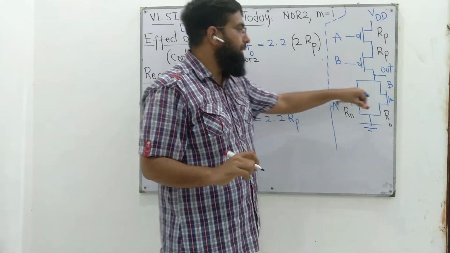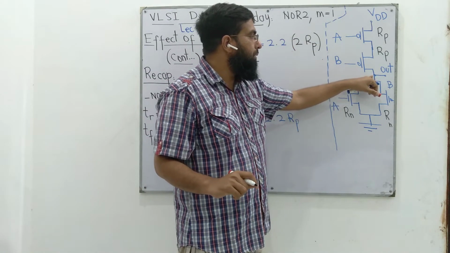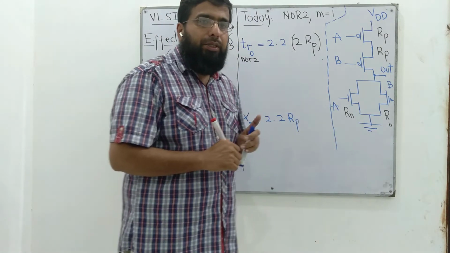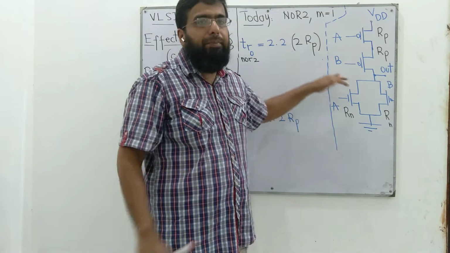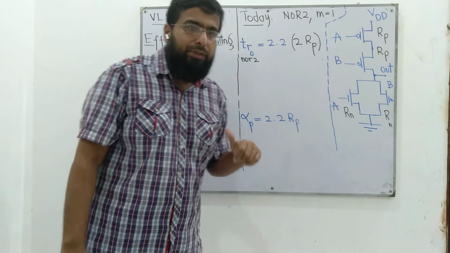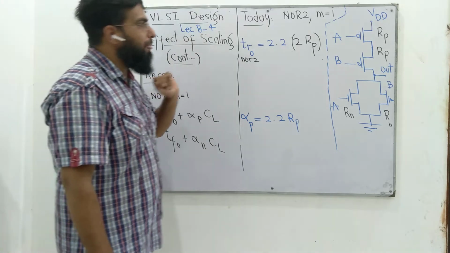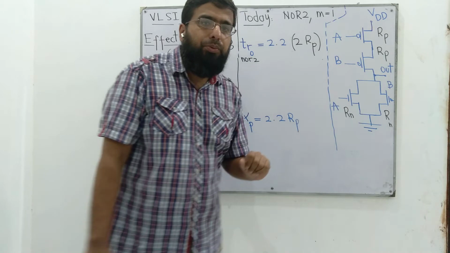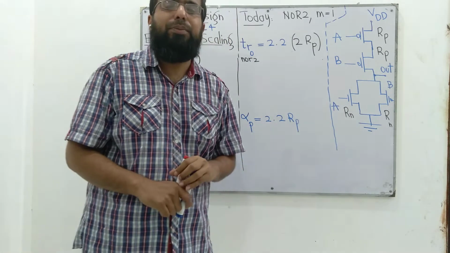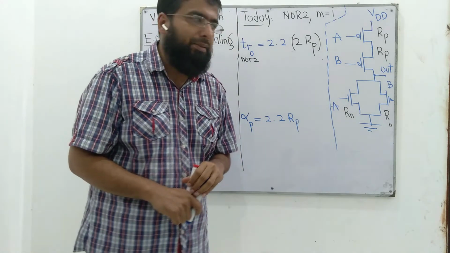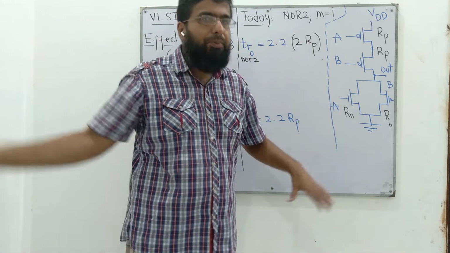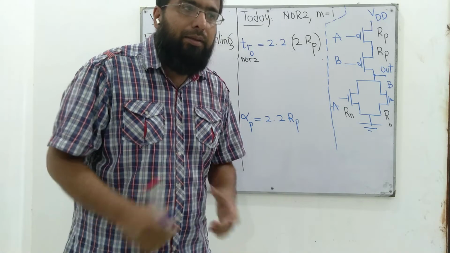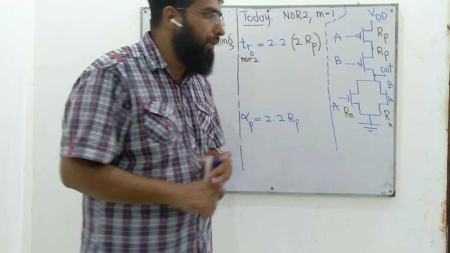Now about CFET. Here we have three transistors connected to the output, each contributing its drain capacitance. Whereas we discussed in the earlier lecture, 8.3 or 8.2, that for a standard NOT there are only two transistors connected to the output. This means there are only two drain capacitances. So in that case we have 2, here we have 3, so the equivalent factor becomes 3 by 2.